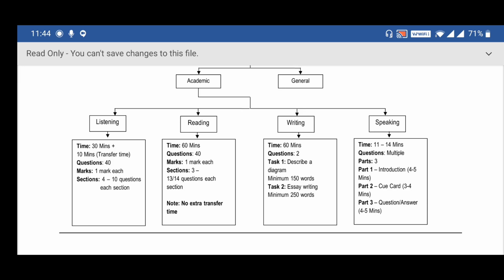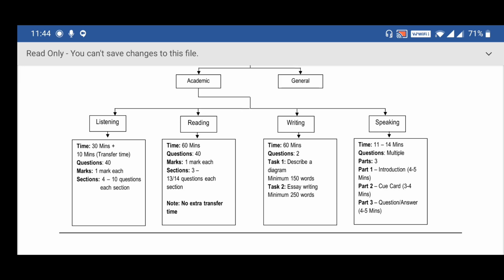So there is no hard and fast rule of the type you can get. Now in this you will have about 11 to 15 different types of questions that will be divided into all 40 questions.